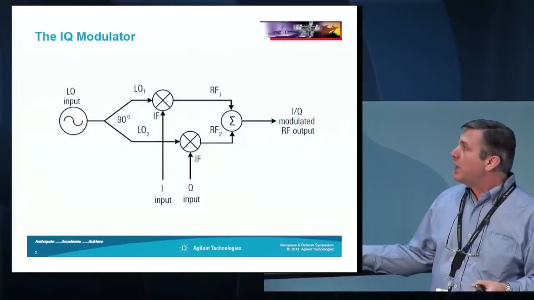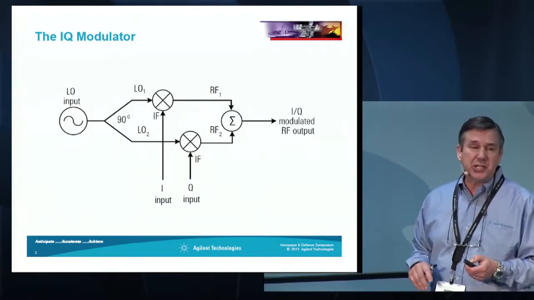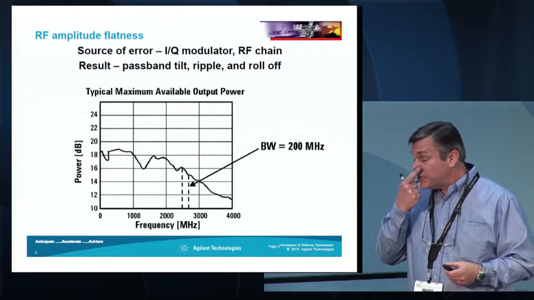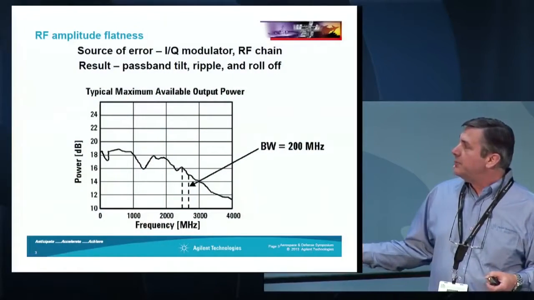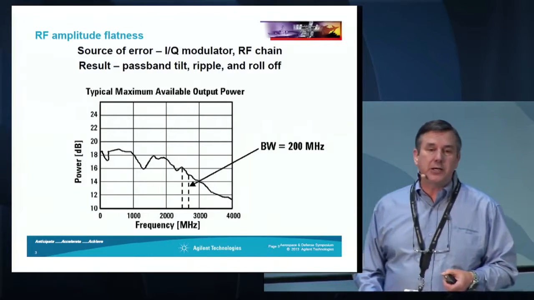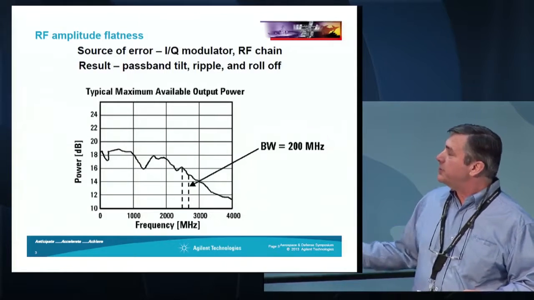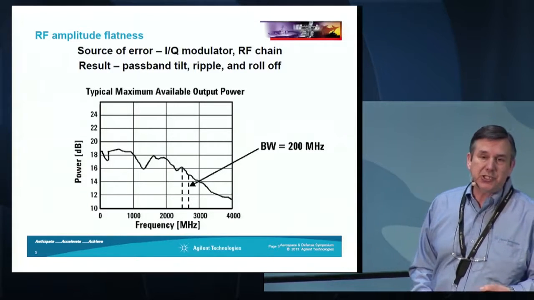But there's quite a bit that can go on within the IQ modulator that we need to really consider and optimize. The first thing, and probably most important, is that as signals become more and more wideband, the frequency response of the IQ modulator has dramatic effects on our system performance. If we have an IQ modulator with a frequency response that looks something like this across a 4 gigahertz frequency span, even if we're looking at a 200 megahertz channel in here, you can see there's quite a bit of variation in just the magnitude.